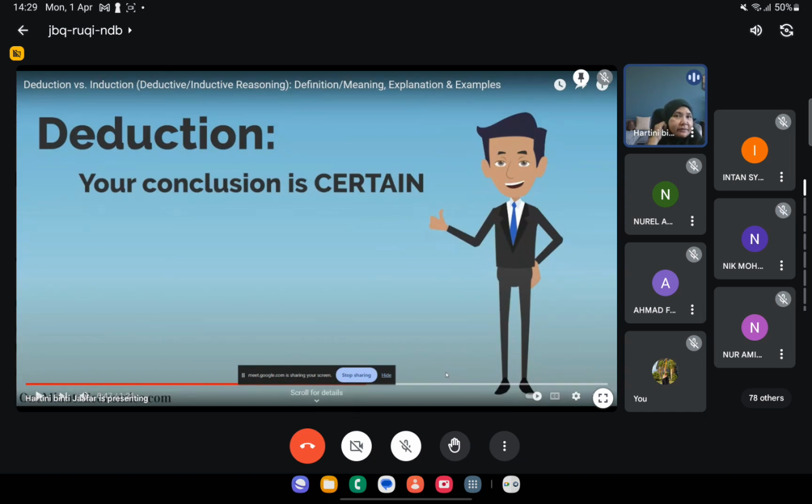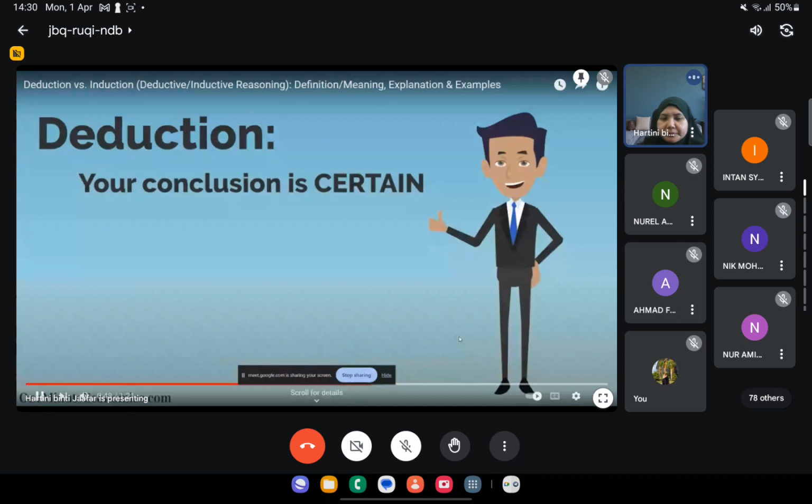Whereas inductive is when you draw conclusion based on specific cases, which means that we have to observe individual cases, tengok whether our father use money, mother use money, brother use money, sister use money. So based on this observation, we try to connect what the relationship is between all these people. So we get the idea that these are all the family members. So with that, we draw our conclusion. So that is induction. Okay.